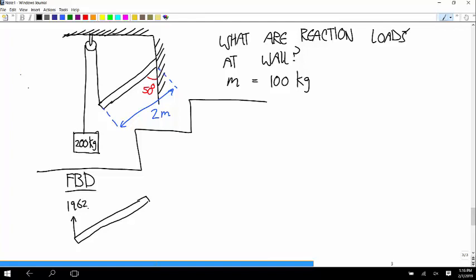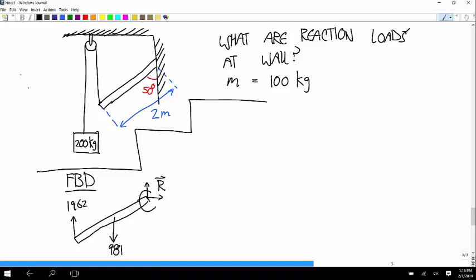The weight of an object always acts at its center of mass. So there's a downward force of 100 times 9.81, so 981. And then the only other place where the surroundings make contact with this is at the fixed joint. So we have a reaction force there. I'm not going to bother to use the subscript notation because we're not going to isolate the wall in this case.